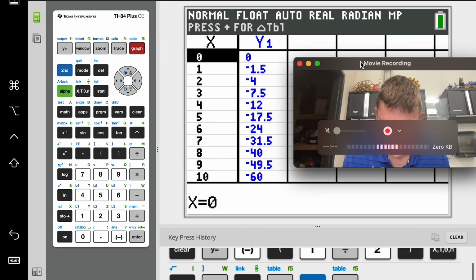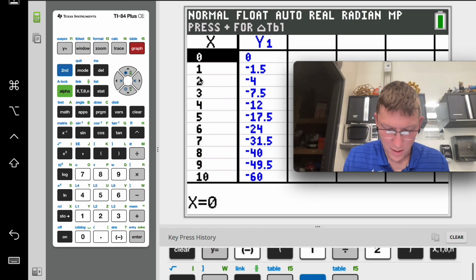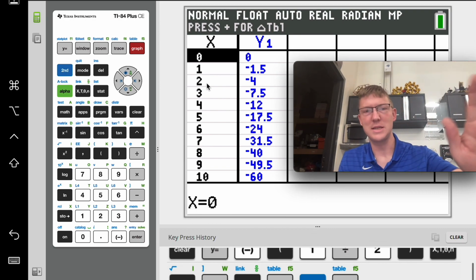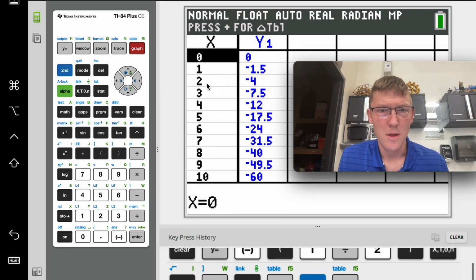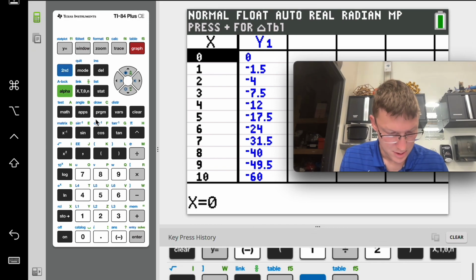So right now, we've got all these values because we have it set up in our settings to automatically pick up all these numbers. But I want to be able to enter the values in myself because if you remember, the values that we want were like 0, -1, -2, -3, -4, things like that. So let's see here. We're going to go to table set right here.